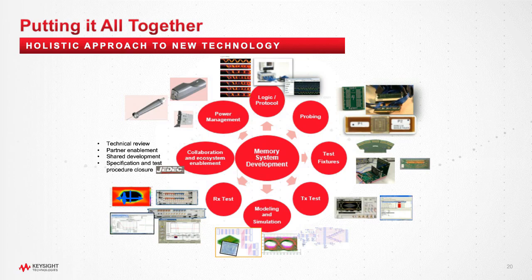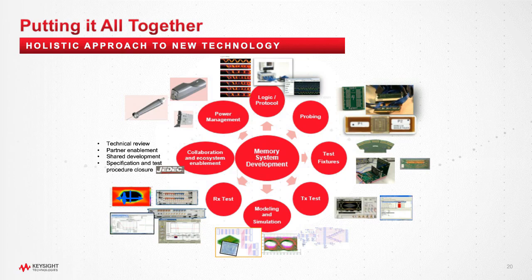You've got traditional transmitter measurements made with the scope. We're adding now receiver measurements that would be done with the BERT. And then, of course, the modeling and simulation for design. All of those things have had to adapt to these radical changes.